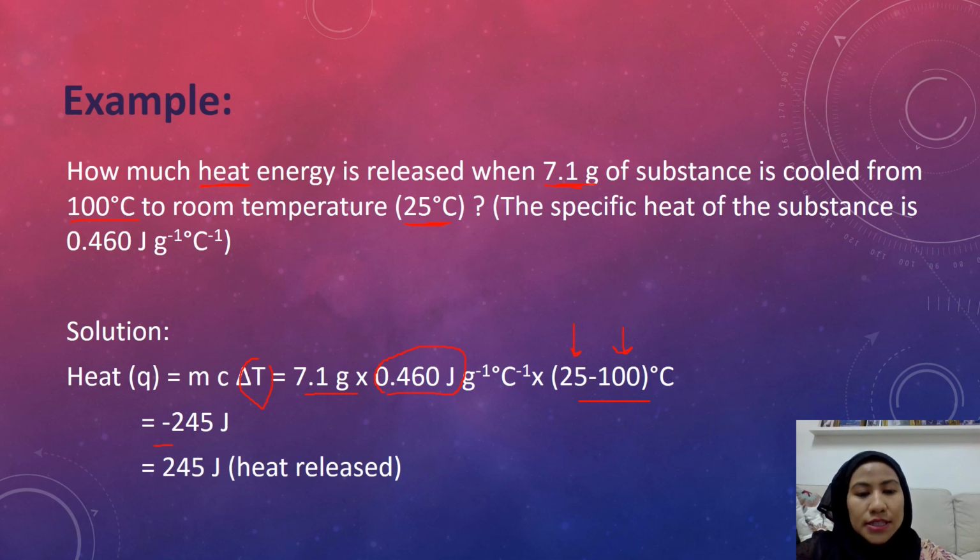So the value is negative 245 joule, the value of heat. Negative means the process is an exothermic process, so heat is released.